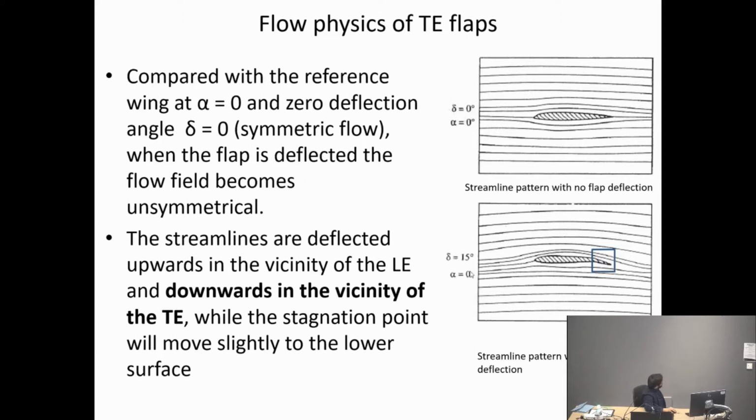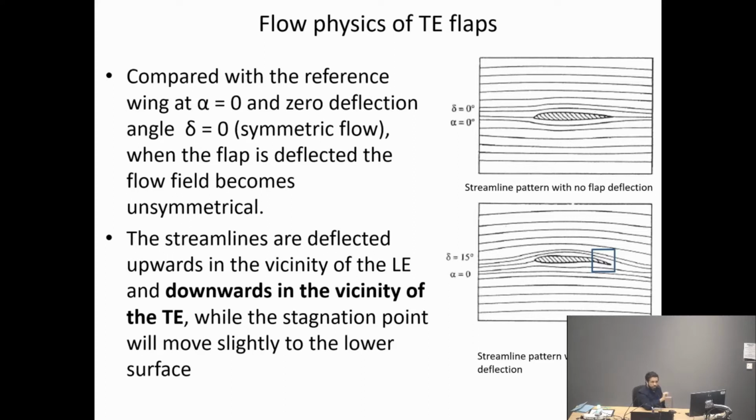The second one is again the same angle of attack, but now the flap is at 15 degrees deflection angle. And just to tell you about the sign of the angle, if the flap goes downwards, that's a positive deflection. If it goes upwards, it's a negative deflection.